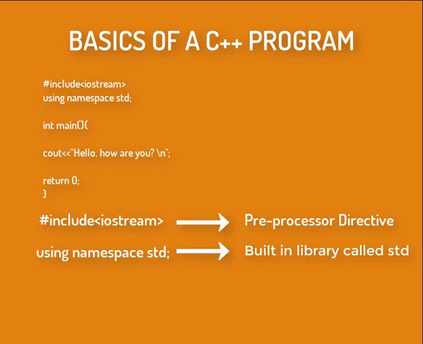Therefore we have pre-built code in the iostream part of the std library. So if you take the two lines together, pound include iostream and using namespace standard, it means get the iostream part from the namespace or library called standard and include that at the appropriate location, which will be done later on when the program is being prepared for execution.